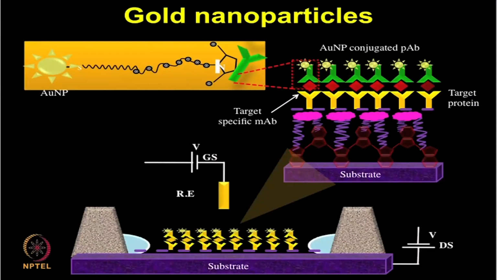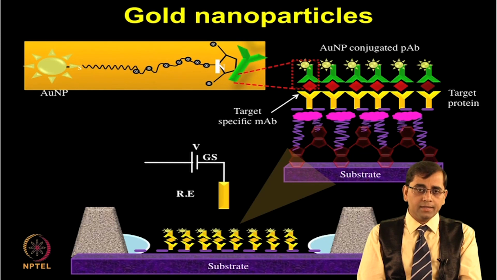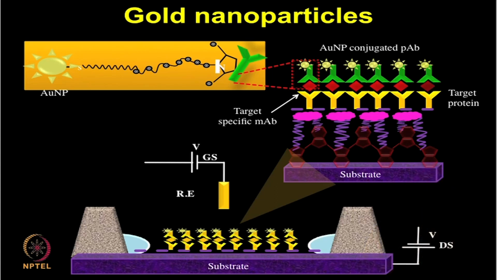As shown in the slide, there are monoclonal antibodies which are immobilized on the gold nanoparticle surface, which enables specific detection of target proteins. Gold nano cages can also be functionalized with biomolecules to target cancer cells for early stage cancer detection and thermal therapy of tumors.